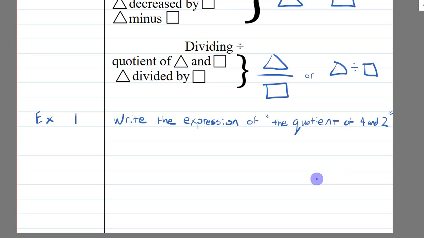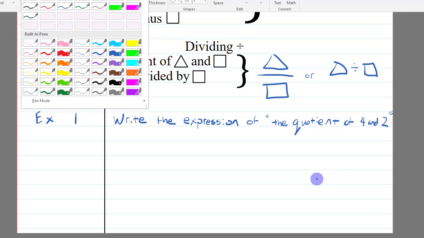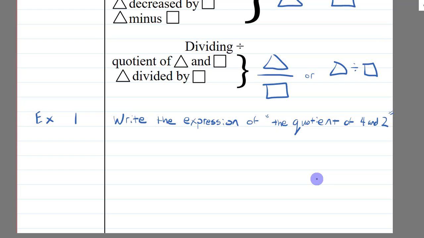All right, how would you write that? Go ahead and do it now if you think you know. And maybe you should write it now even if you don't know, and then you can write the correct one on the side if it's incorrect. What is the quotient of 4 and 2? Write down that expression, and if you want, you can simplify it too.